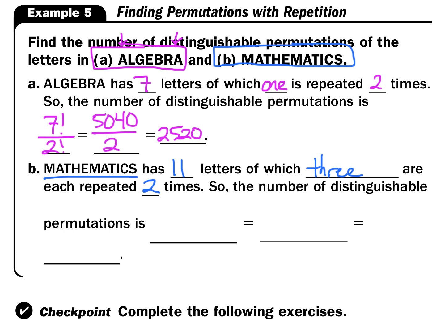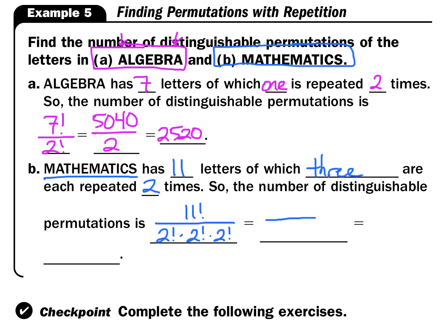So the number of distinguishable permutations is 11 factorial, so there's our n factorial, over q1 factorial, so m is repeated twice, times a, which is repeated twice, so it's another 2 factorial, times another 2 factorial for the t that is repeated twice. So 11 factorial over 2 factorial times 2 factorial times 2 factorial.